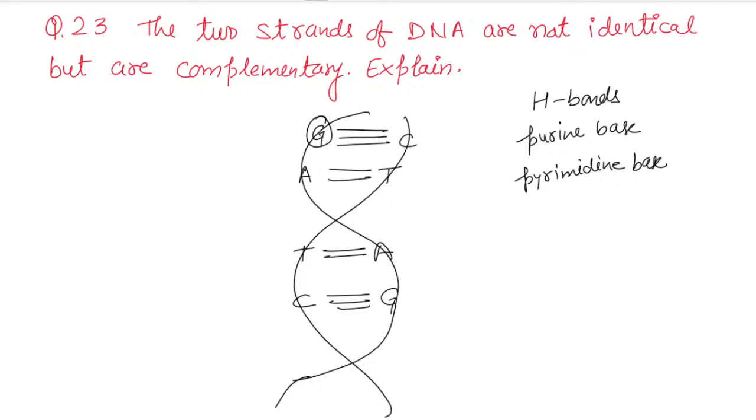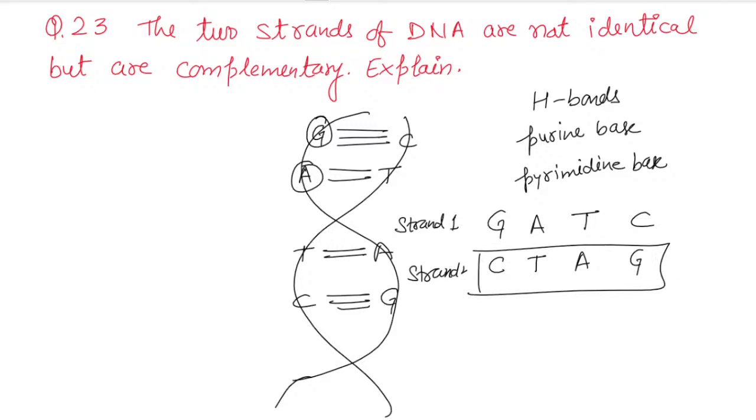If the sequence on strand 1 is G A T C, then on strand 2, corresponding to G there is C, A there is T, T there is A, C there is G. So this is the sequence on the other strand.